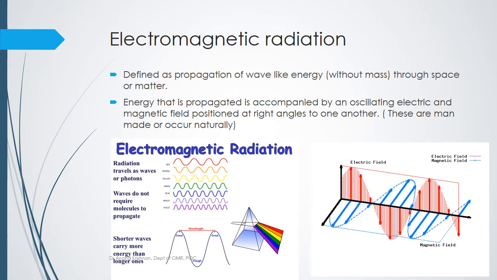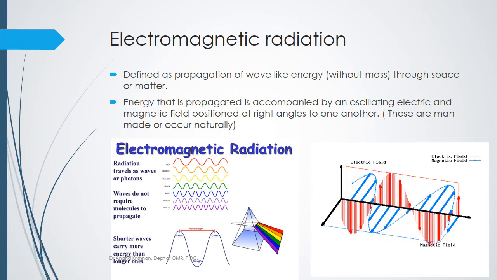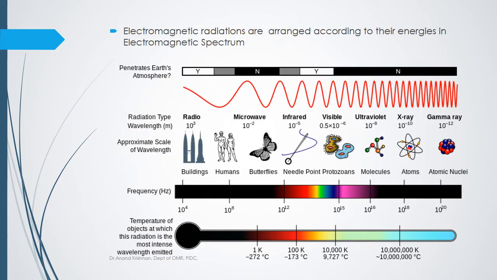So the electromagnetic spectrum is a way of ordering a group of different electromagnetic radiations, and all the members of the electromagnetic spectrum have the same velocity, the speed of light, and vary only in their energy, wavelength, and frequency.